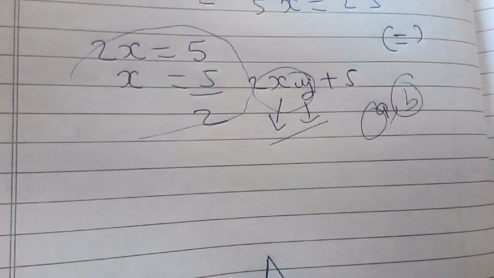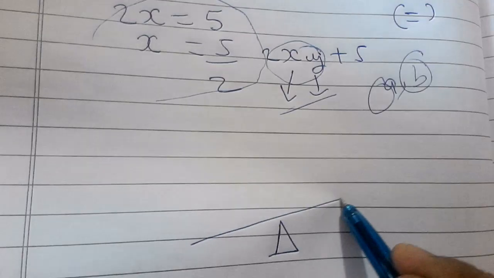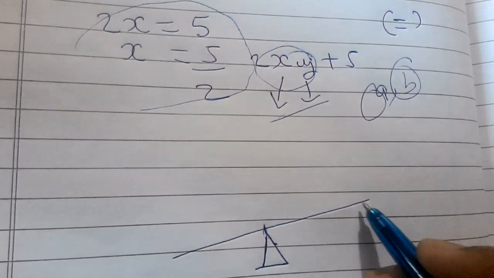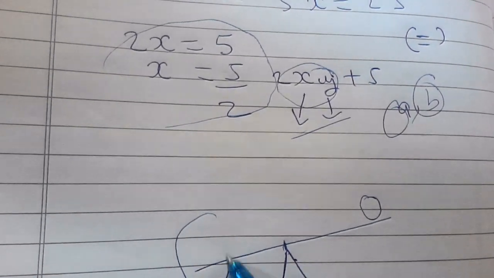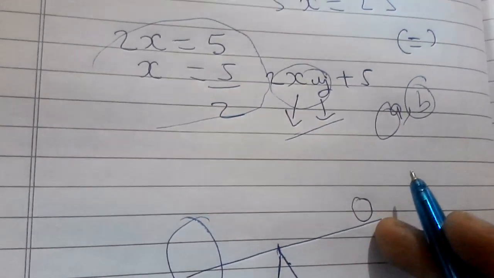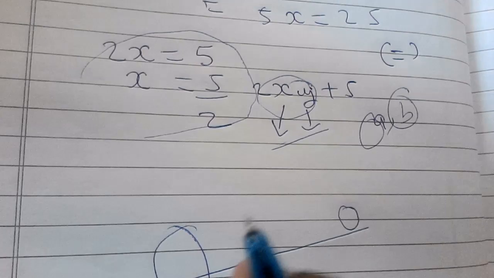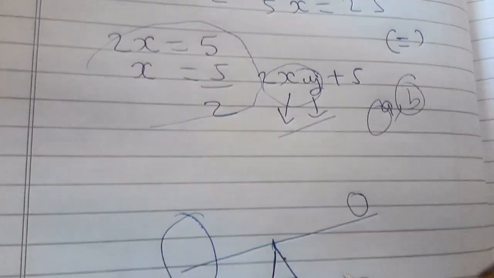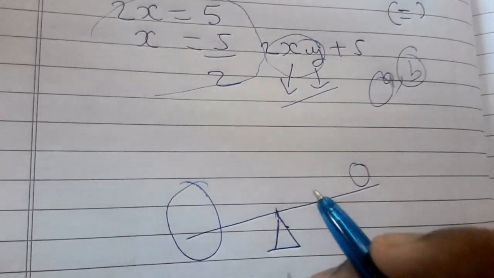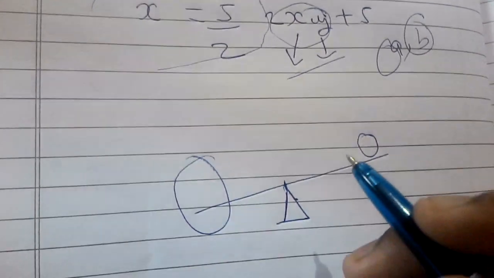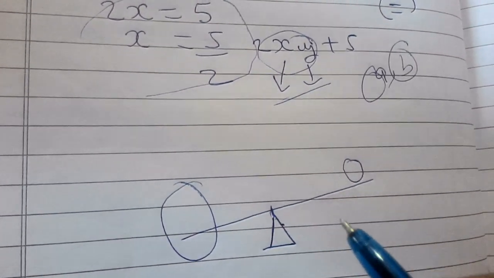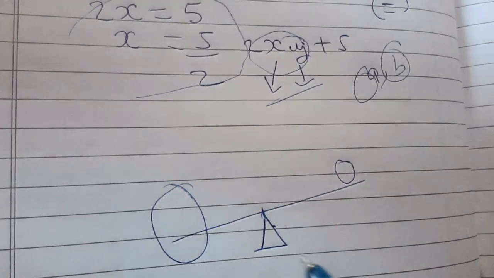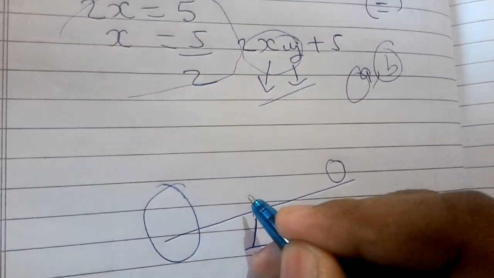I'm making a seesaw. You all have seen a seesaw: one person is sitting there, and one heavier person sits there, then it goes down, and the lighter person goes up. Like this we see many seesaws, and this is a very nice example of how you can visualize any equation.